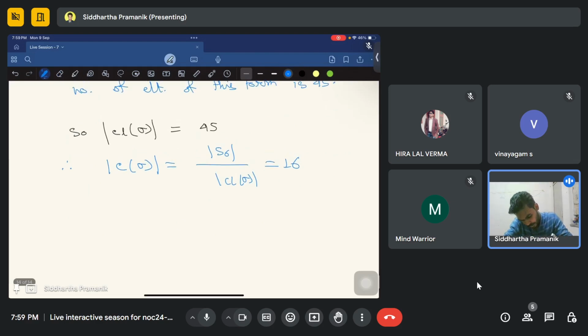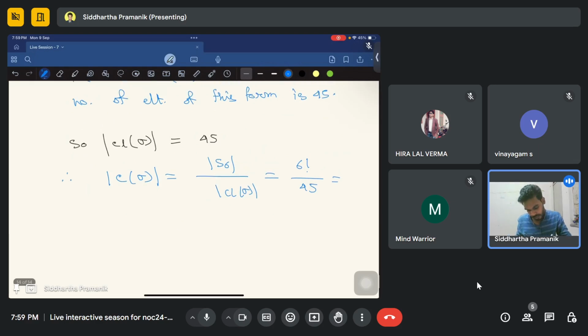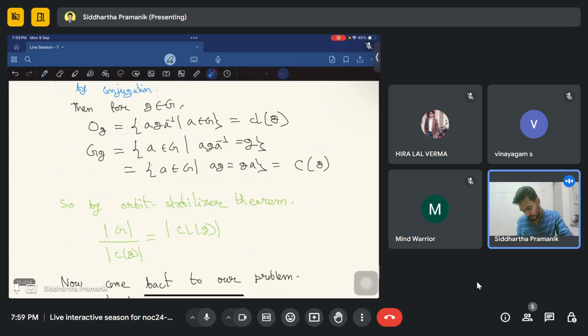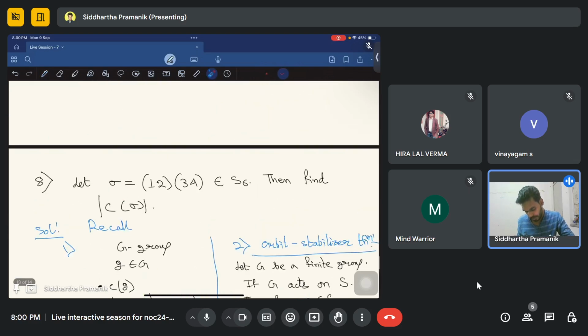Okay, so you can check, it is not difficult, because it is just 6 factorial by 45. So you can check whatever is the case. That is not the big thing. The big thing is to find the cardinality of the centralizer.